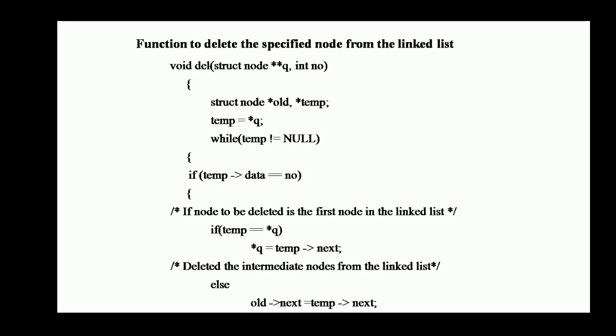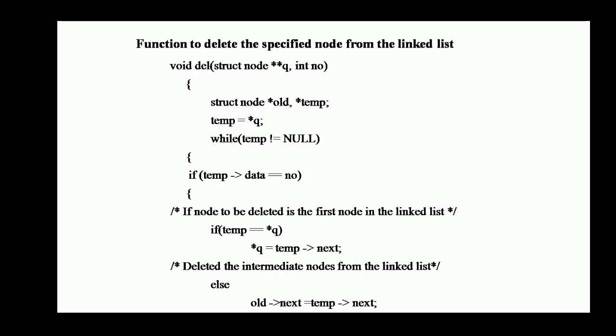Okay, temp equal to star q, the element to be deleted, while temp not equal to null. If the element is not valid, there is no chance to delete it. Now go to the curly braces start.